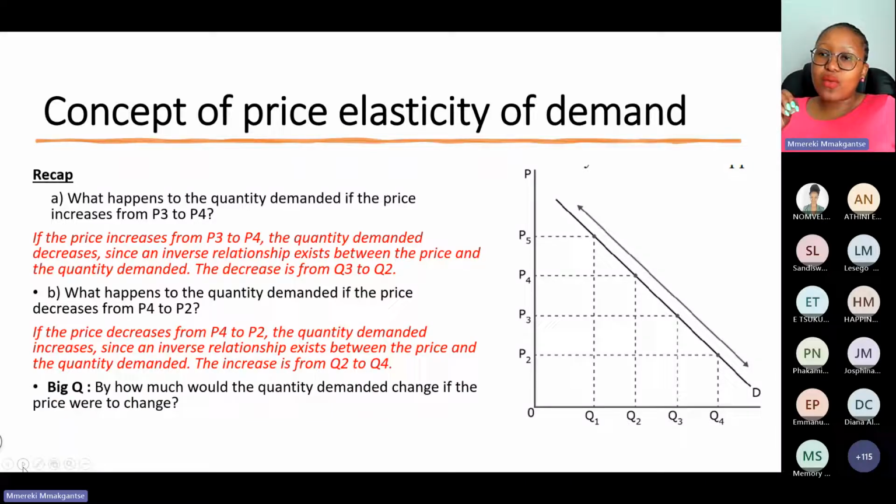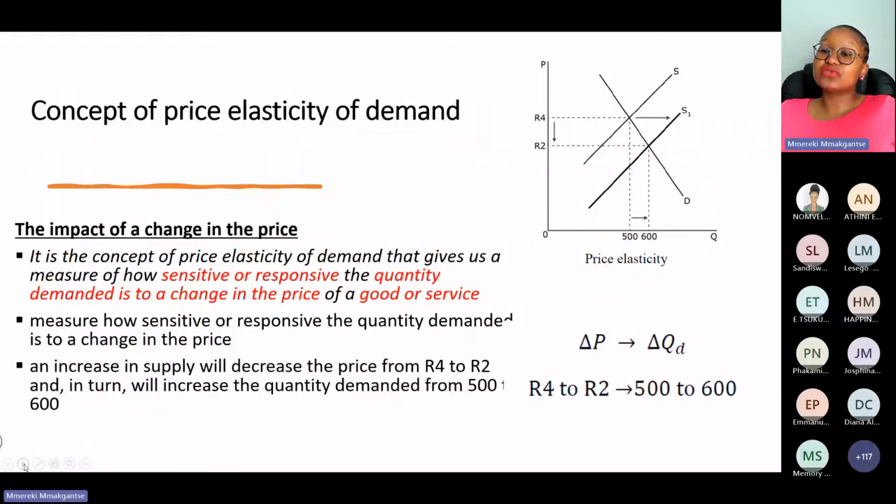Okay, so now with the concept of price elasticity of demand, the big question we have is by how much would the quantity demanded change if price were to change? So we're trying to establish the impact of the change in price.